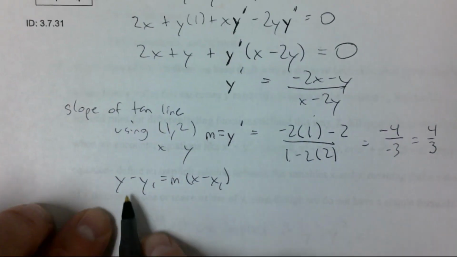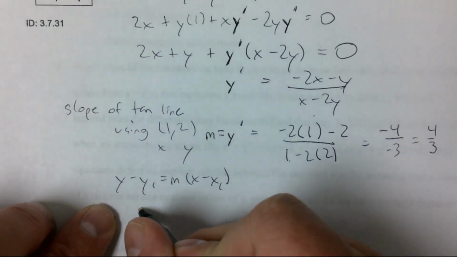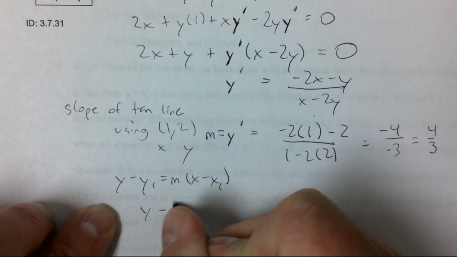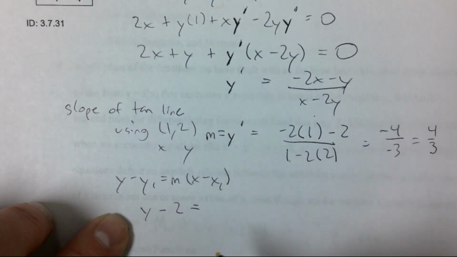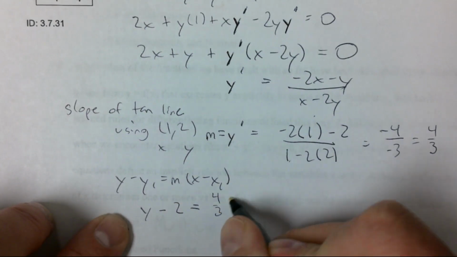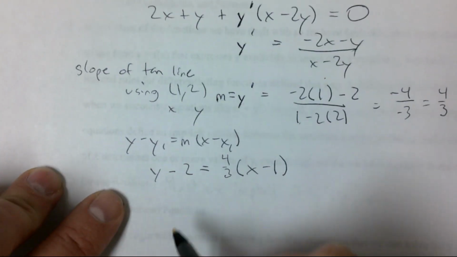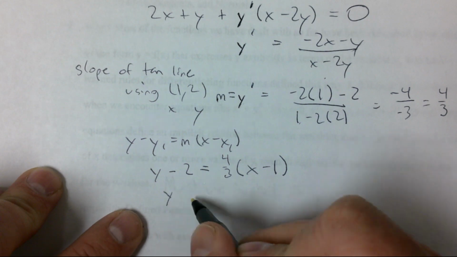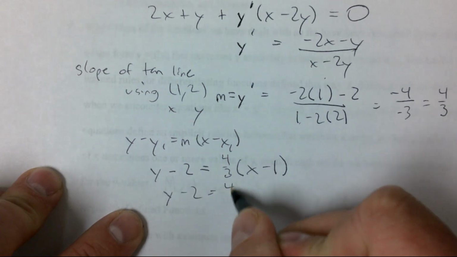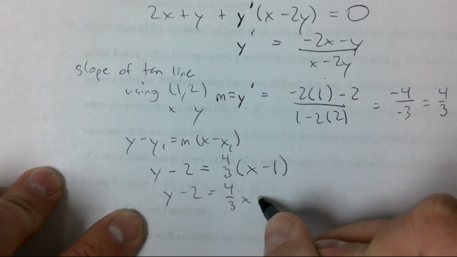So then this would be y minus 2 equal 4/3 times x minus 1. So y minus 2 is 4/3 x minus 4/3.